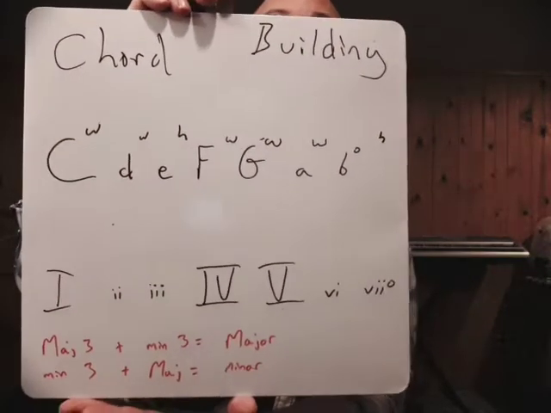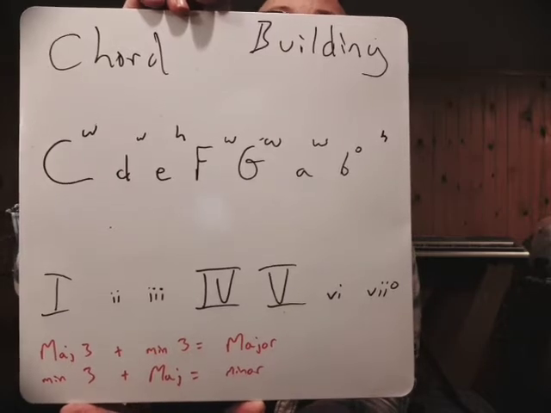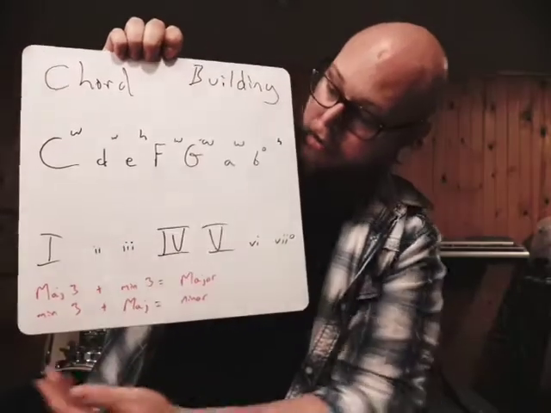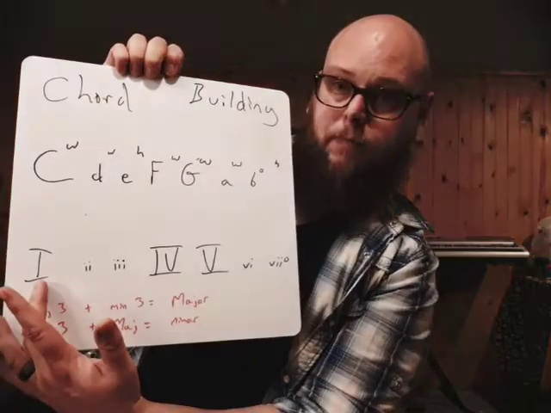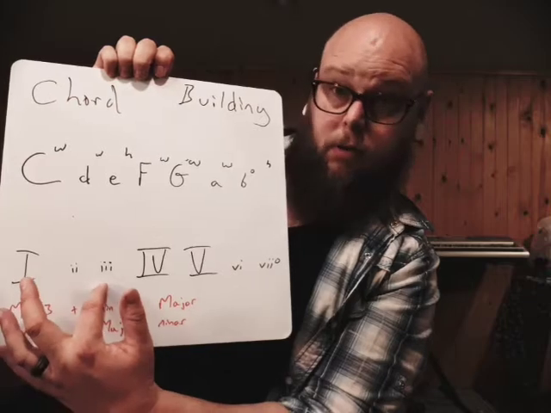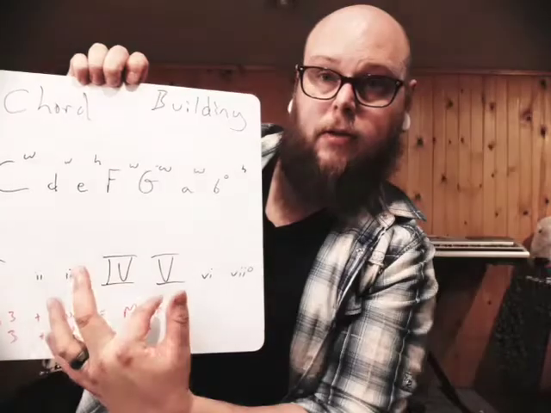In the last video I said the Roman numerals at the bottom would make more sense this time around, and they're about to. So let me walk you through it. Notice how we've got big Roman numerals and little Roman numerals. What does that mean? Big ones are major chords.